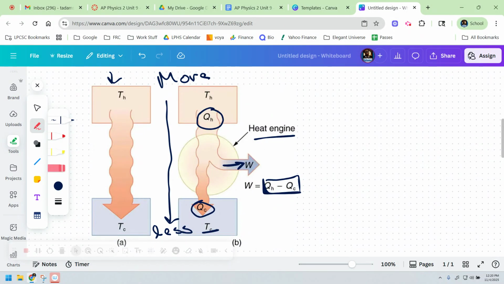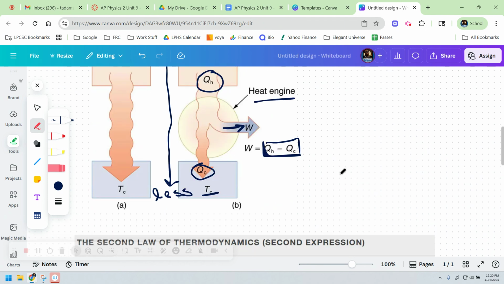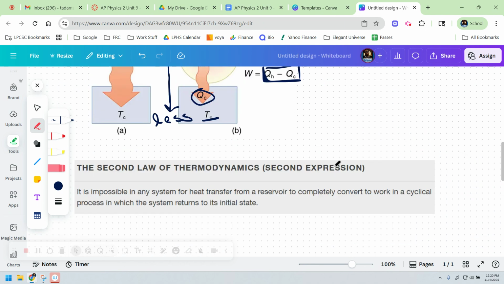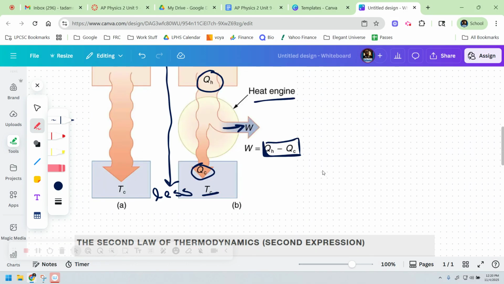Okay, so another way to think of that is that it is impossible for any system for heat transfer from a reservoir to completely convert to work in a cyclical process in which the system returns to its initial state. So in other words, you can't have a perpetual machine, because you're going to use up this, right?